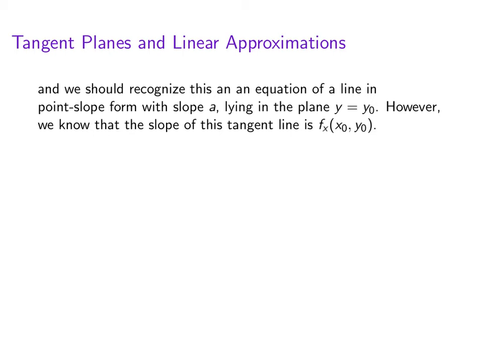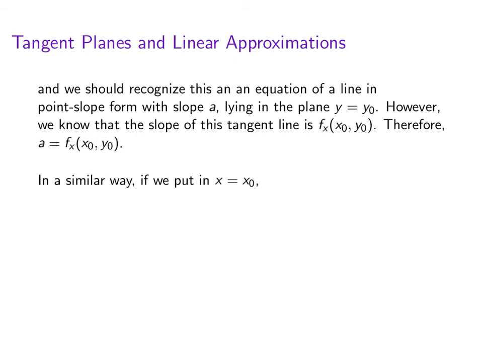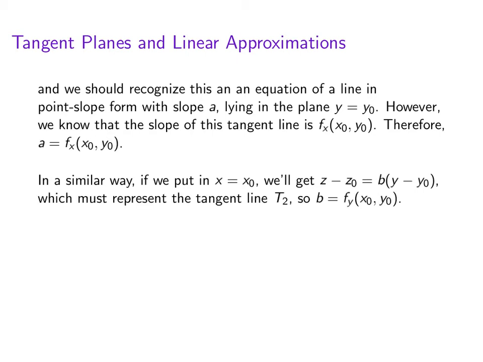Now, we talked about this previously, that the slope of this tangent line is the partial derivative with respect to x evaluated at x0, y0. So we know that a is equal to the partial derivative with respect to x evaluated at x0, y0. And if we put in x equals x0, we'll get a similar calculation. And so the coefficient b has to be the partial derivative with respect to y at x0, y0.